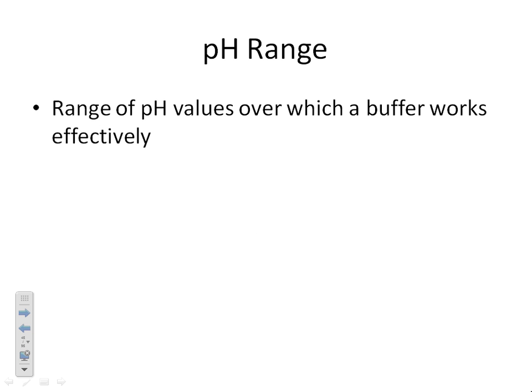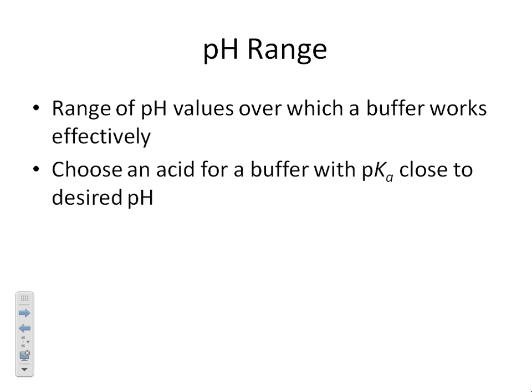Now, pH range. All buffers are not effective at buffering over any pH range. It's specific to the acid that is the main component, basically half of your buffer. It's dependent on the Ka value for the acid. Buffers work best around the pH range that you want to maintain.